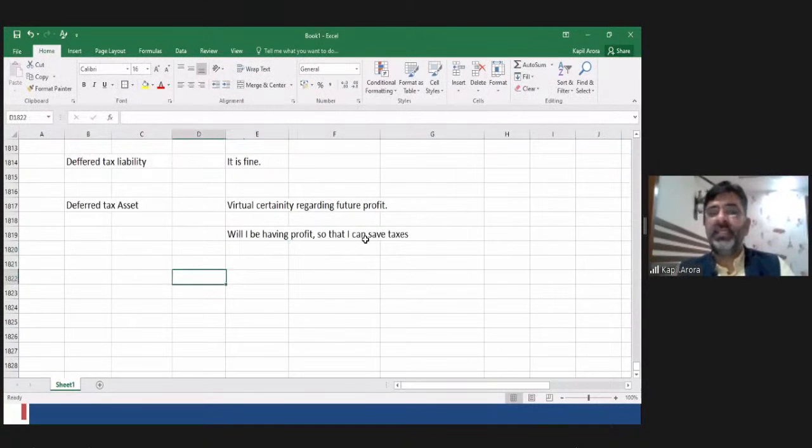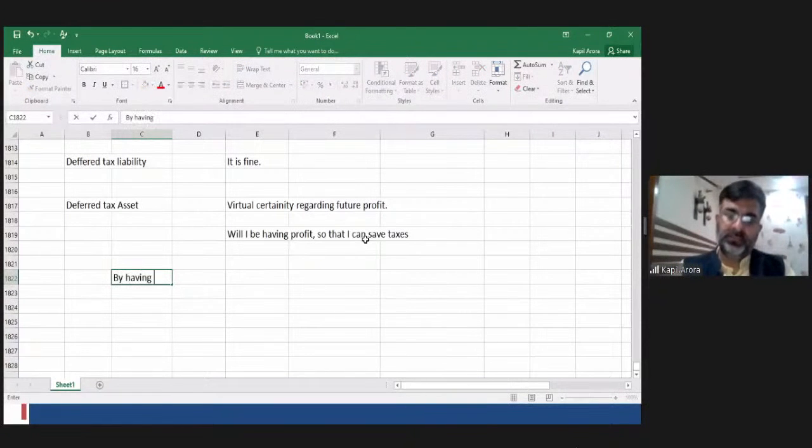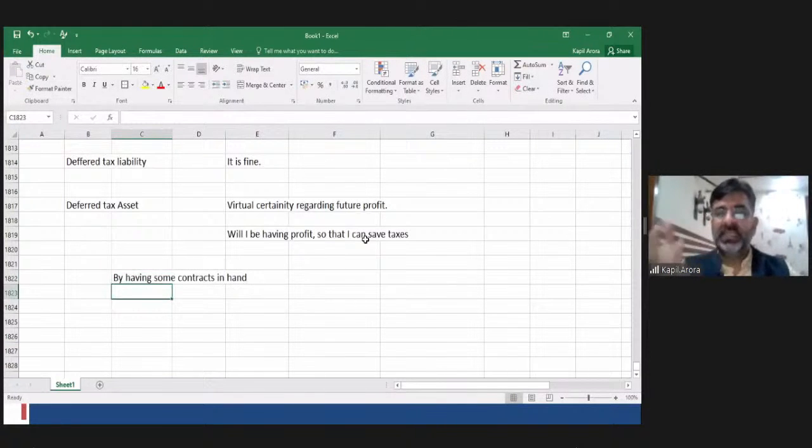And how can we say it is virtually certain that the future will have profit? Maybe by having some contracts in hand, which show that these are the works which I already have in hand. This work will give me profit in the future, so I would have enough profit to save the taxes.